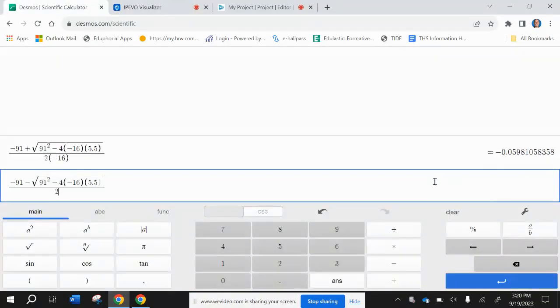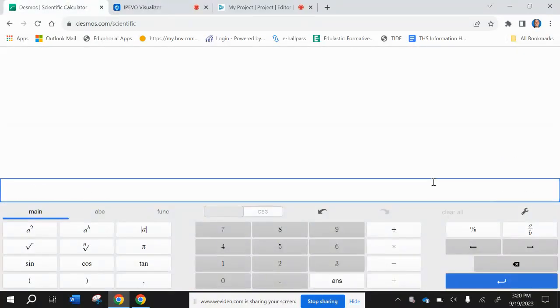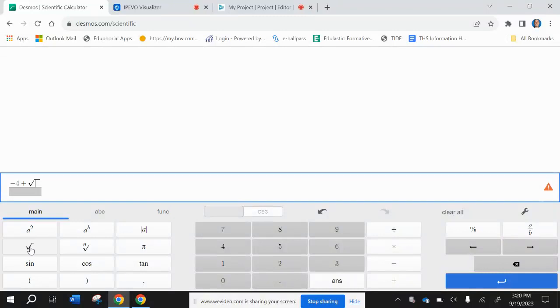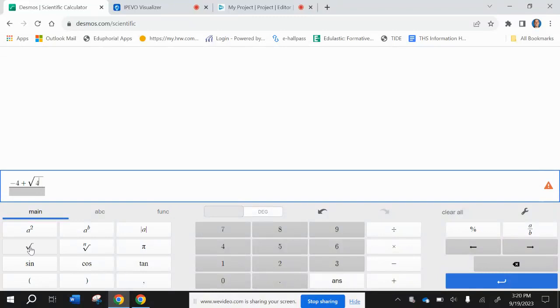Let's clear these out. Divide, negative 4 plus square root of 4 squared minus 4 times 2 times negative 6. Actually, hold on. It's not wrong, but let me put the 2 in parentheses.